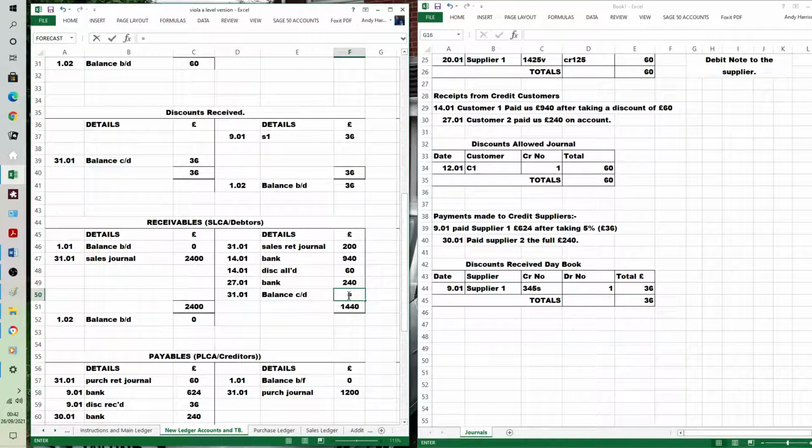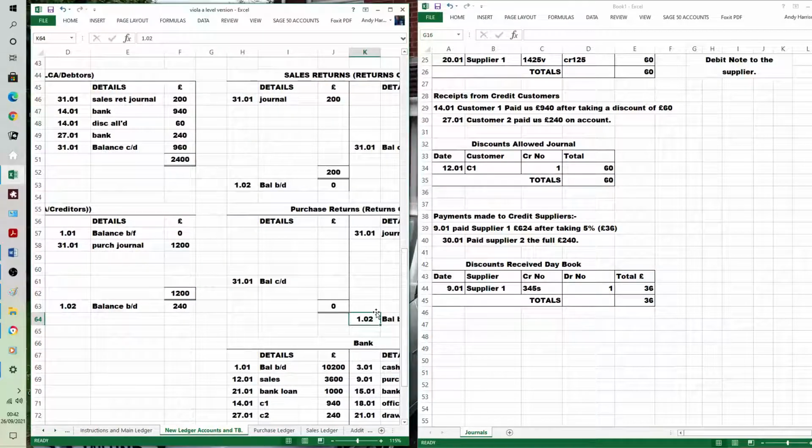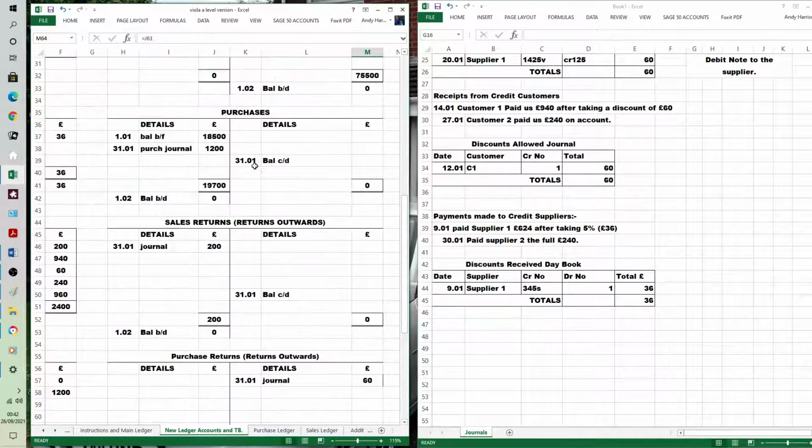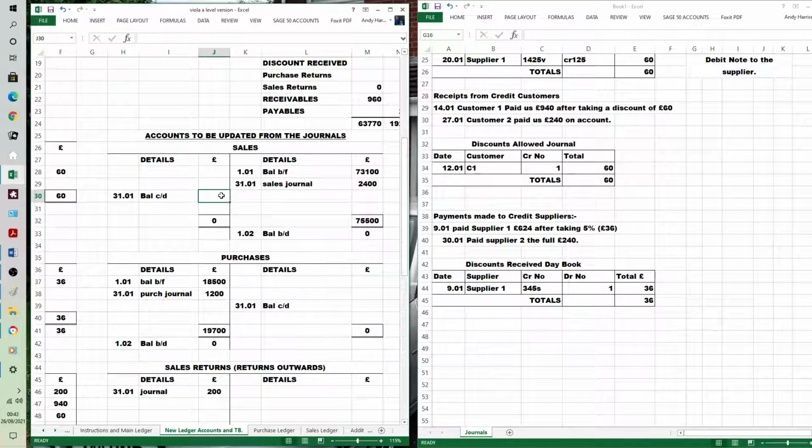Well, I'm on a spreadsheet. Use a spreadsheet. That's just a 240 that we owe the one supplier. So we just need to update the totals here.